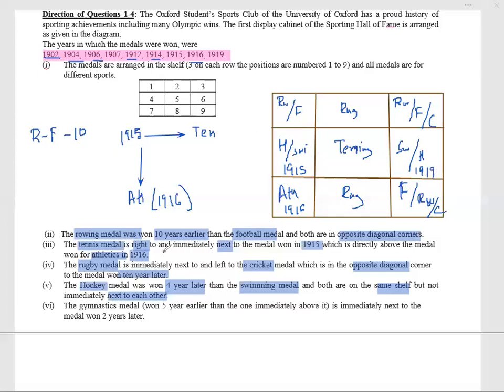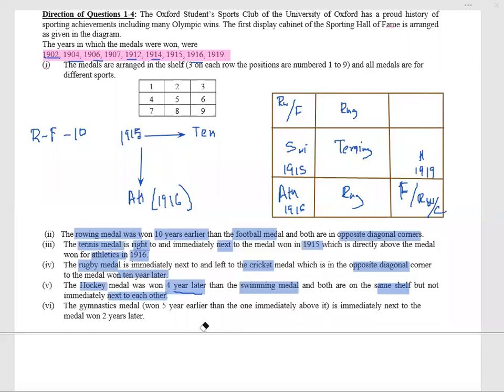And now which one is later? Hockey is later, so this one is hockey, and this one is swimming. So swimming, tennis, athletics are fixed. And since rugby and rowing are in these two, cricket is also fixed.